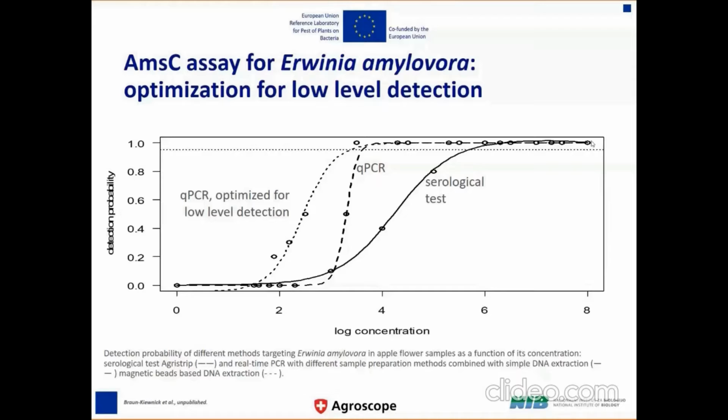And we were comparing different tests. These are serological tests, LFD, agri-strip tests. This is the real-time PCR that we started with, and we tried then to optimize it for low-level detection. And basically, this is what we got with that optimization. And this optimization included some concentration steps and, again, increasing the sample volume.